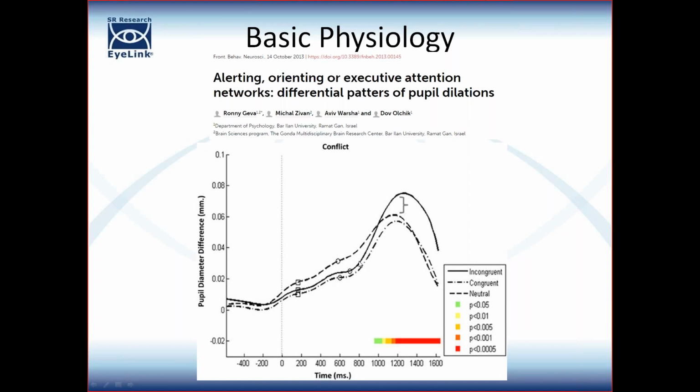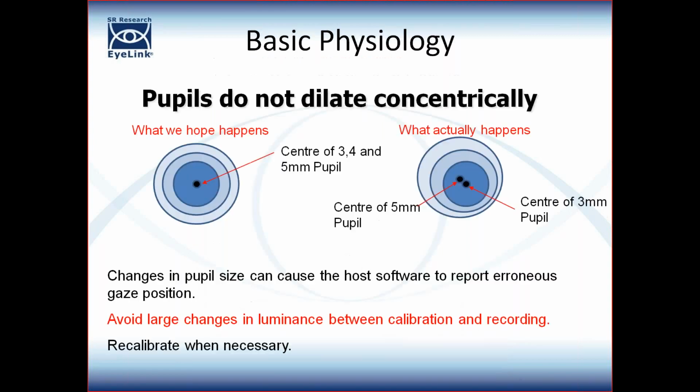Pupil size changes are slow. Okay, so if you're seeing fast changes, beware, be concerned. It's almost certainly not a result of any muscular change within the pupil itself.